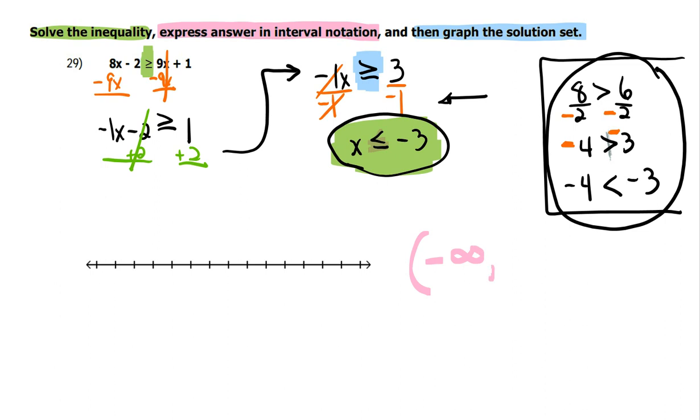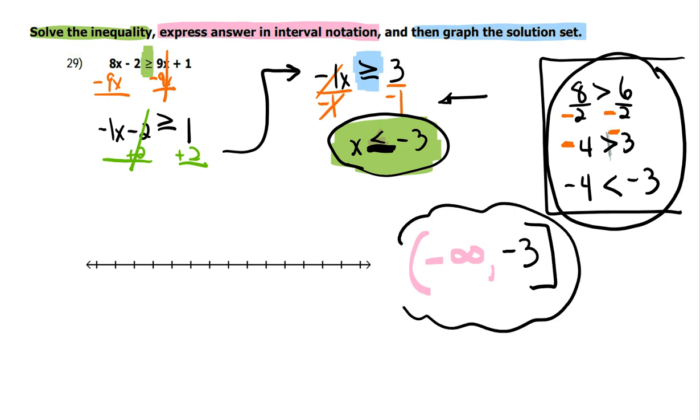And then you will come up to the negative 3. And then, because it's an equal to here, you want to include the negative 3. And this is what it would look like in interval notation. So that's my answer for interval notation, from negative infinity up to negative 3, and then include the 3.